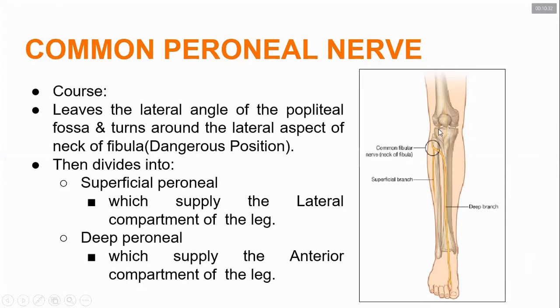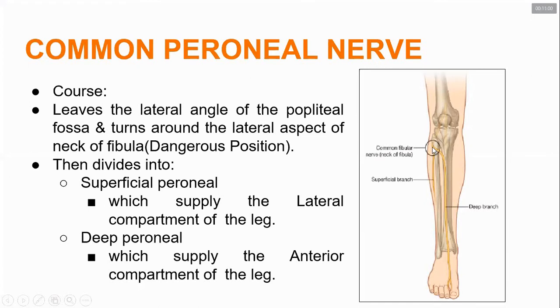So it passes between these two muscles, and then in the posterolateral aspect of the neck of the fibula, it will turn around and come anteriorly. Once it comes anteriorly, before dividing into two components, it will pierce the peroneus longus muscle. Once it pierces the peroneus longus muscle, one nerve will continue as the superficial peroneal nerve. So it will run between the peroneus longus and peroneus brevis muscle.